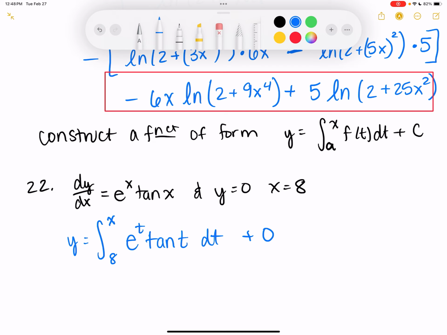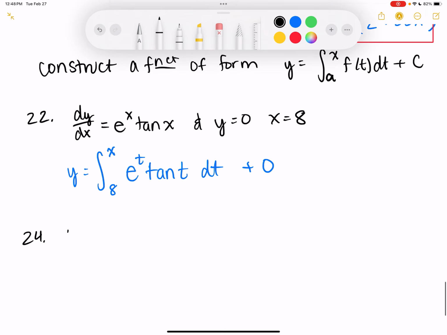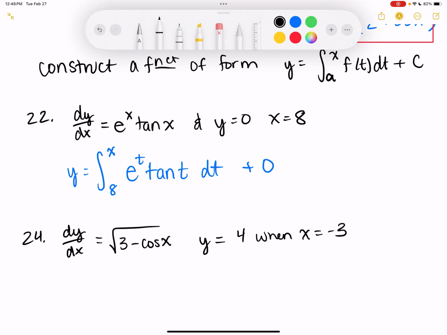Let's see, 24. dy dx is equal to the square root of 3 minus the cosine of x. Y is 4 when x is negative 3. How would I set this one up?